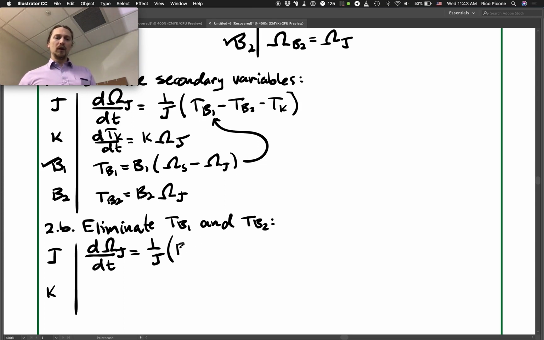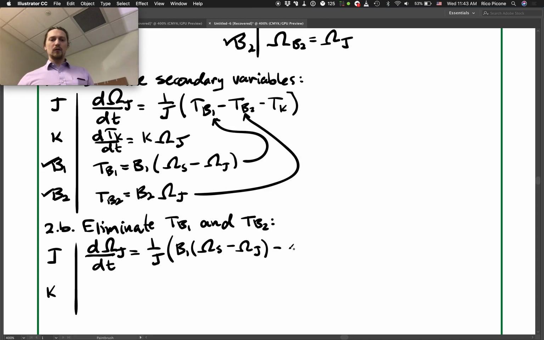So we have B1 times omega S minus omega J, and minus TB2, which we have another equation for. So substitute in again: B2 omega J. And minus TK.